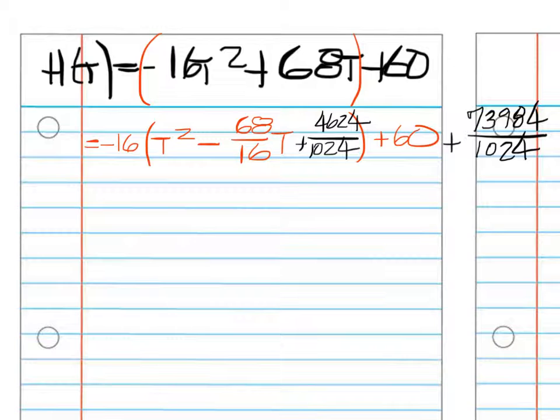The last thing to do is to put it into a form that we can use and extract information out of. So we have our negative 16 out to the left. Parenthesis, use the variable t, the sign from the middle, minus. Half of 68 over 16 is 68 over 32.